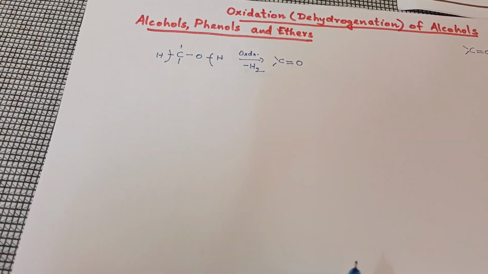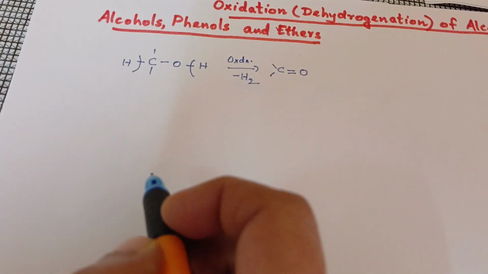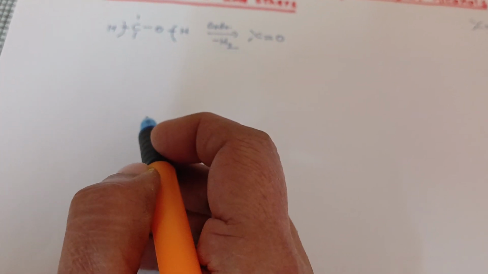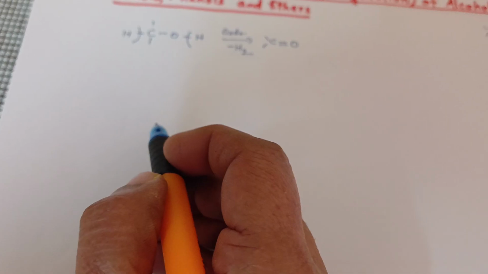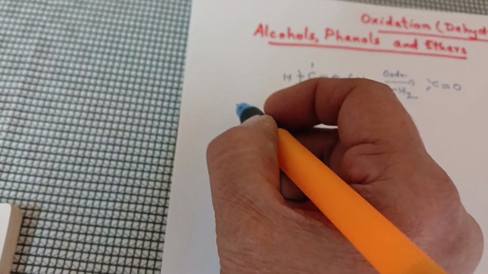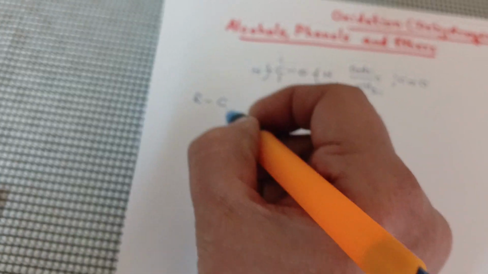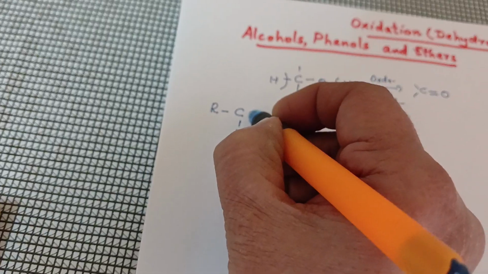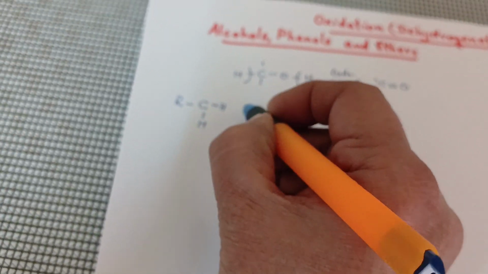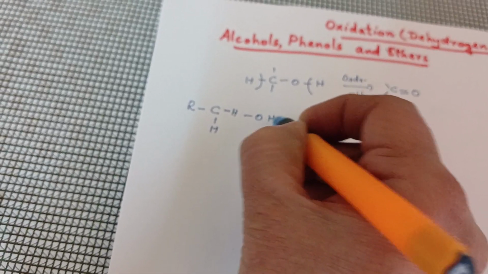Now let us look at a few oxidation reactions of alcohols. Let us first take a primary alcohol or a 1 degree alcohol. For that we have R, CH2, OH.